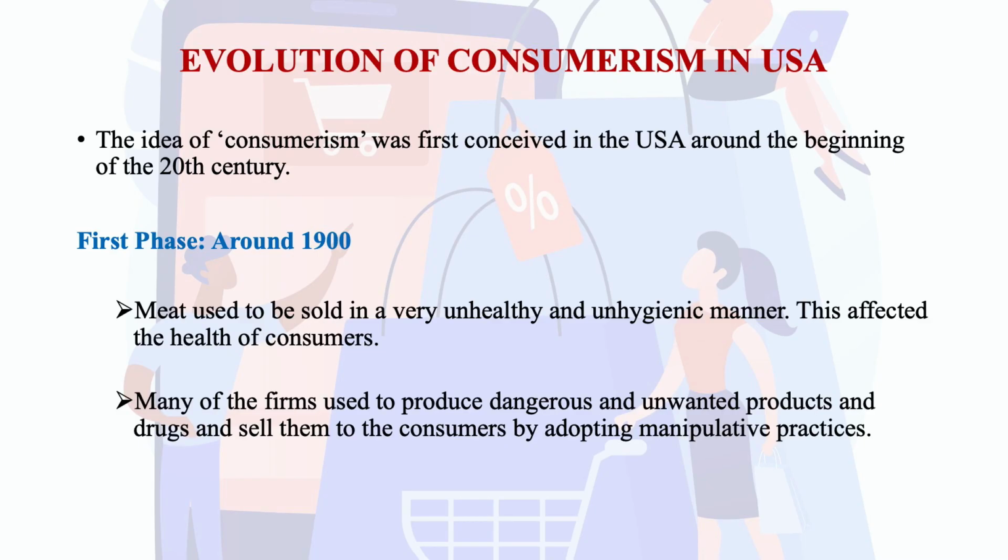That was the period of 1900 or so. Then many firms produced dangerous and unwanted products and drugs and sold them to consumers by adopting manipulative practices, selling adulterated goods. This type of practice was followed.